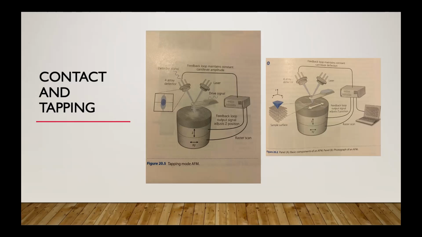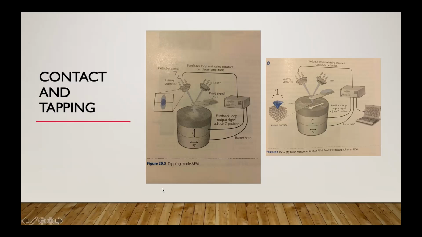This is the less common method. It's mostly used for looking at the linear force readings from the AFM. The reason this is less common is because it can damage the tip or the surface that you're recording, so it's a less rugged method.